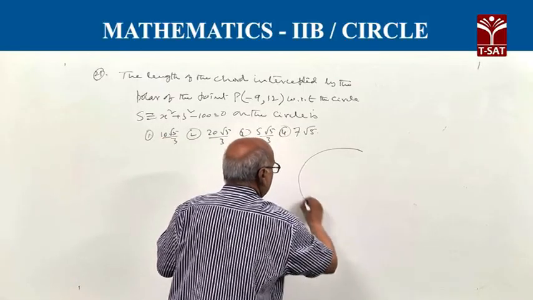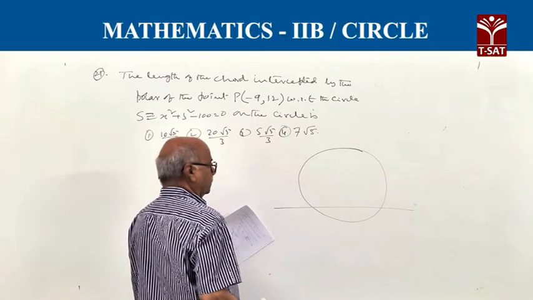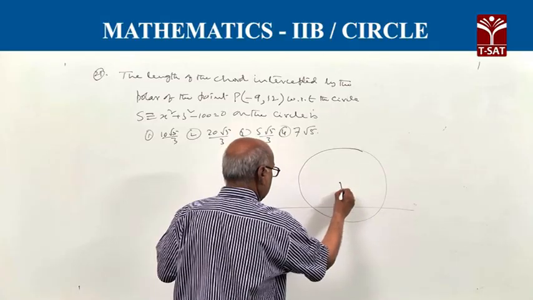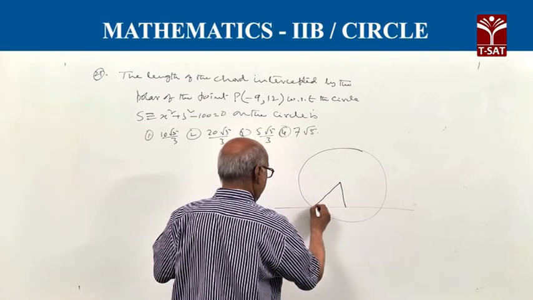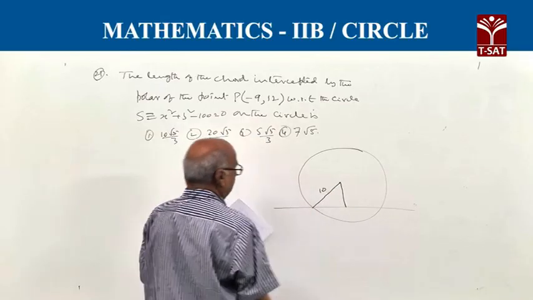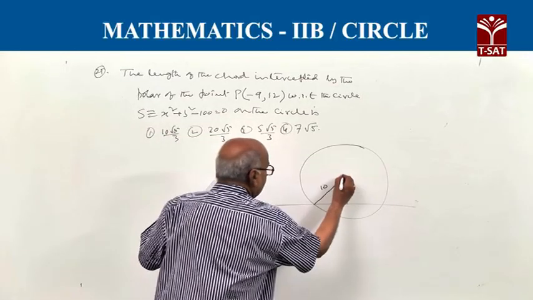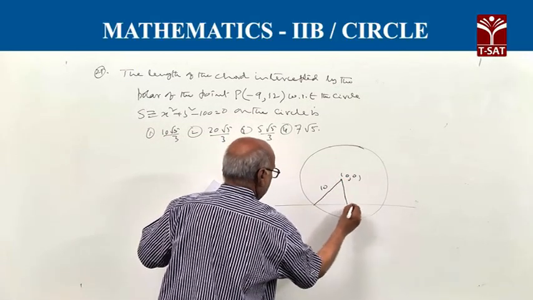Of course, here the polar of the point intersects the circle. The circle has center origin (0, 0) and radius 10.